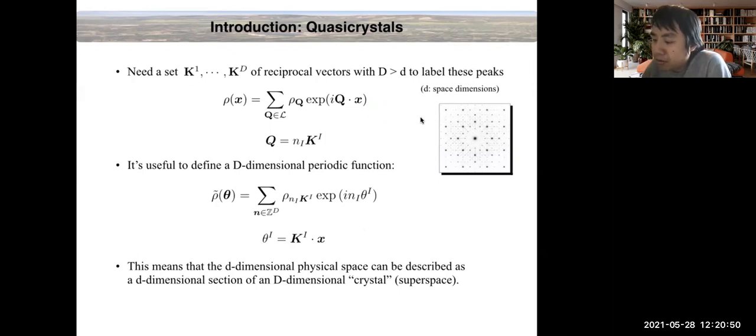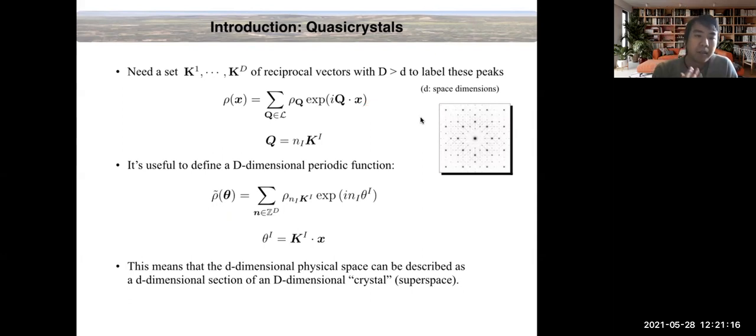It's then useful to define a big D-dimensional periodic function, like a change of variable. You define this rho-delta of theta in this way. This function is periodic in every theta, and if you restrict theta to this form, you go back to the original density.